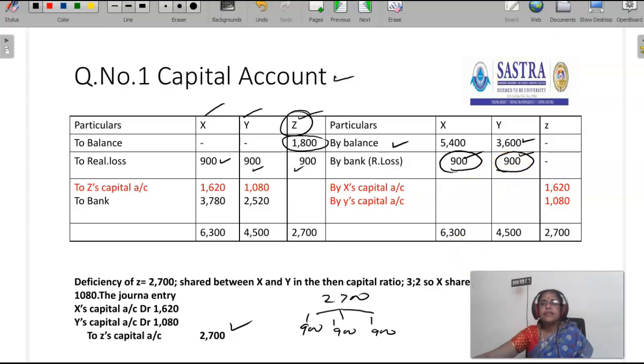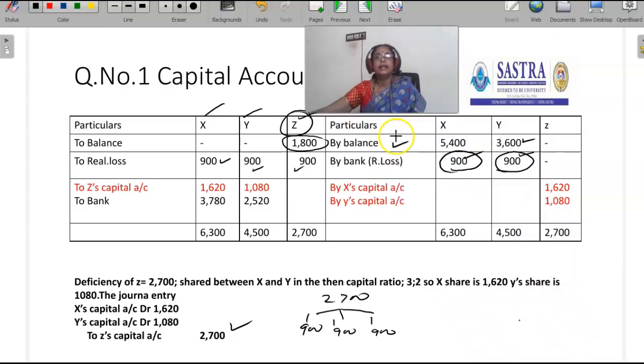Then we have to find out now the deficiency of the Z capital account. Z capital account already has a debit balance, that is 1,800 rupees. Realization loss is 900 rupees. Total is 2,700 rupees. So 2,700 rupees is his deficiency.